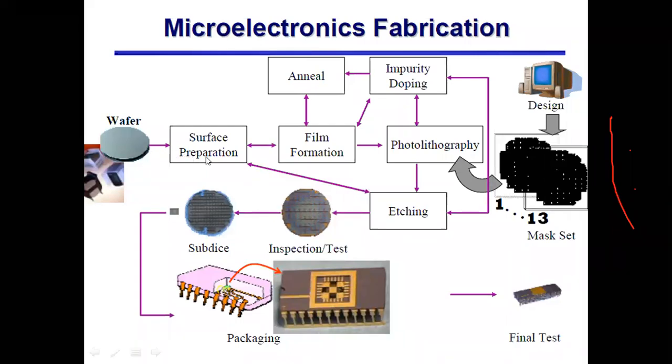The wafer which you would buy from the market would not be clean. It would have dust, dirt, grease, and oil particles. So you have to clean your silicon wafer. There is a standard procedure for silicon wafer cleaning, which is known as RCA1 and RCA2.